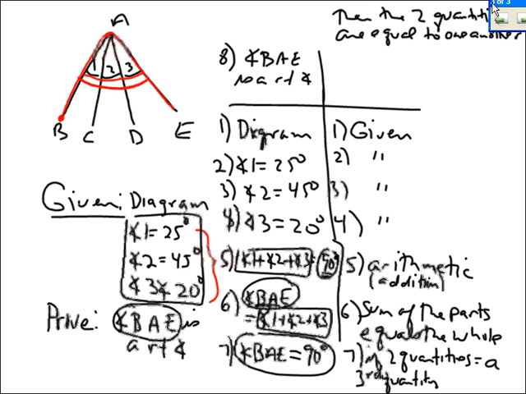So why is BAE a right angle? All 90-degree angles, by definition, are right angles. What was the definition of a right angle? It's 90 degrees. All 90-degree angles, including angle BAE, are right angles. So there's the proof why BAE is a right angle.